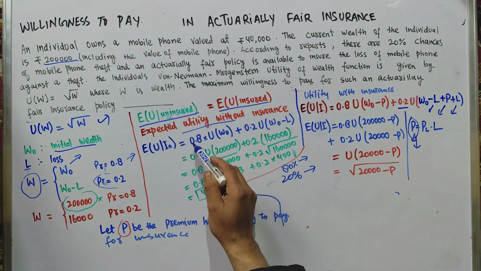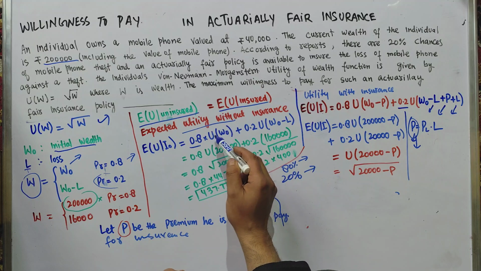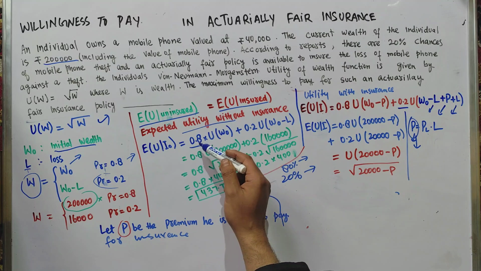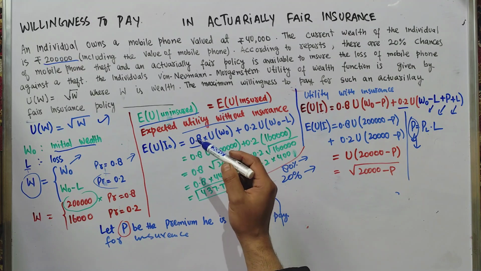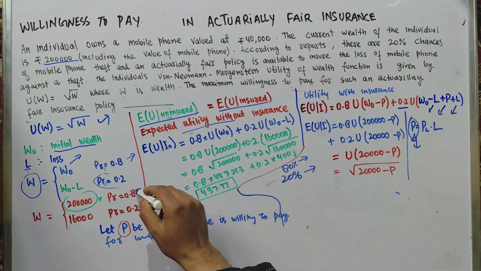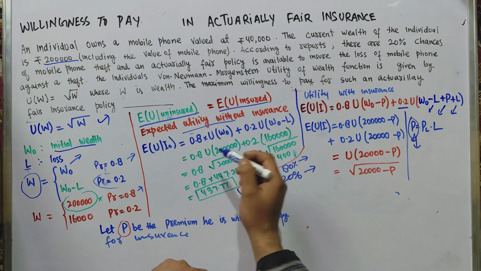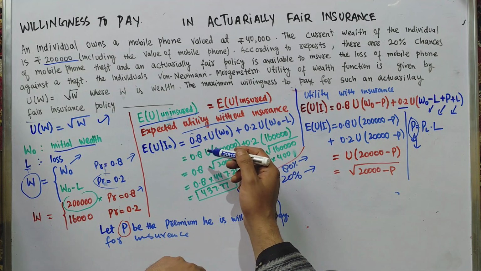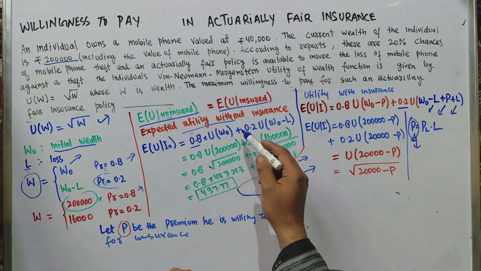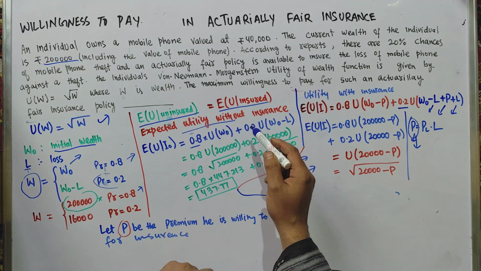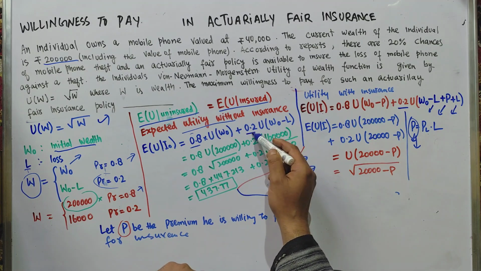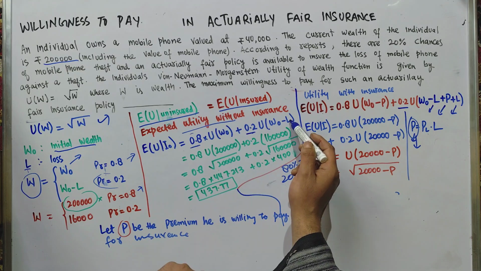That will be equal to the probability of not getting loss, 80% chances that the mobile phone does not get lost, times the utility of wealth in that very condition, plus the probability of loss times the utility of wealth in that very situation, which is W naught minus L obviously.